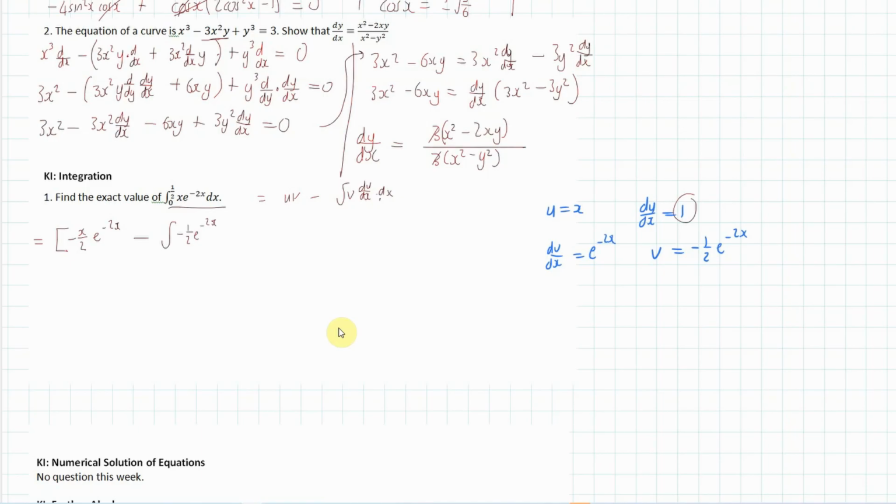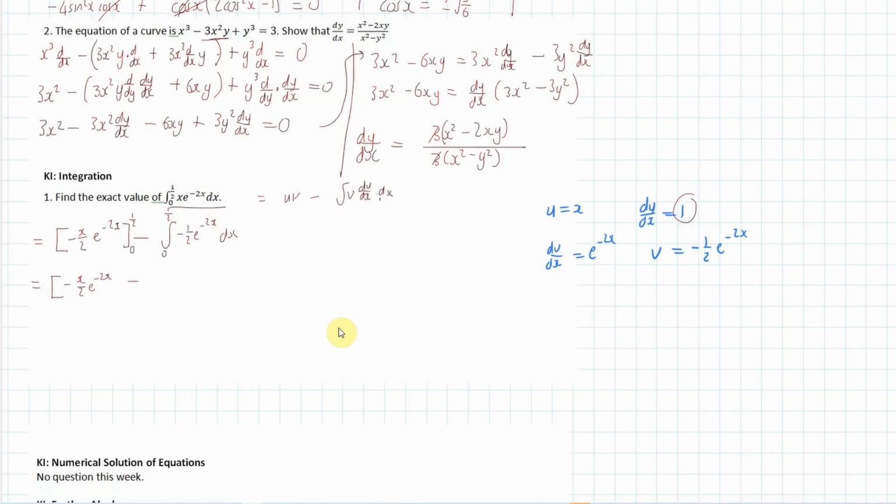Oh, and I should have here my limits, 1/2 and 0. I'm going to do all the limits at the end. dx equals, and then at this point I will have minus, now what could I do at this point?